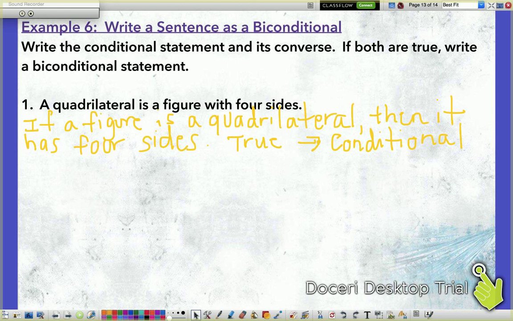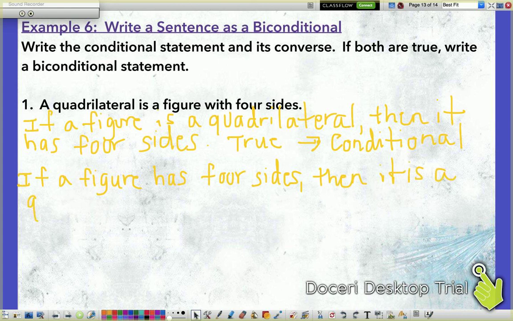So let's write the converse. So we say if a figure has four sides, then it is a quadrilateral.